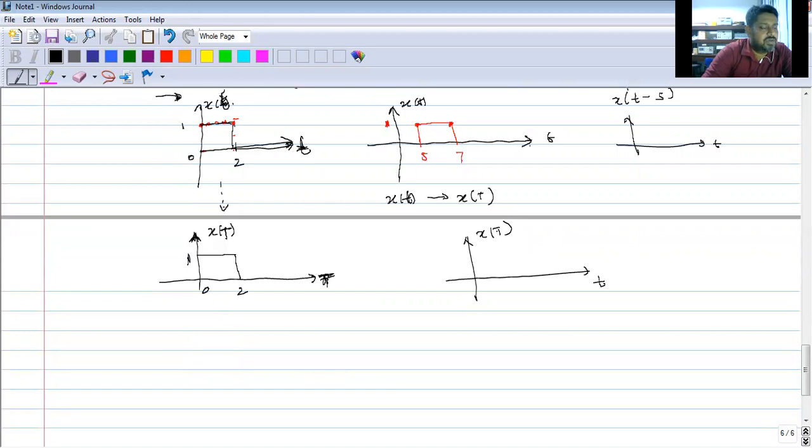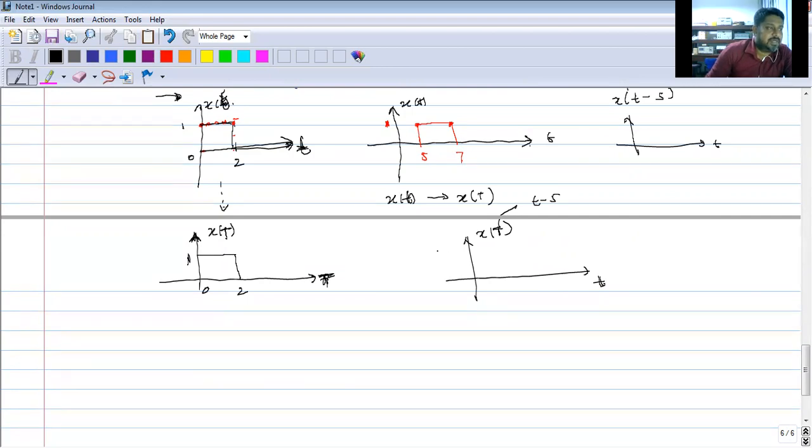Because here it is capital T. Actually, this capital T is equal to what? t by 5. But now we are going to plot it by simple t, not capital T. So the signal will be changed.